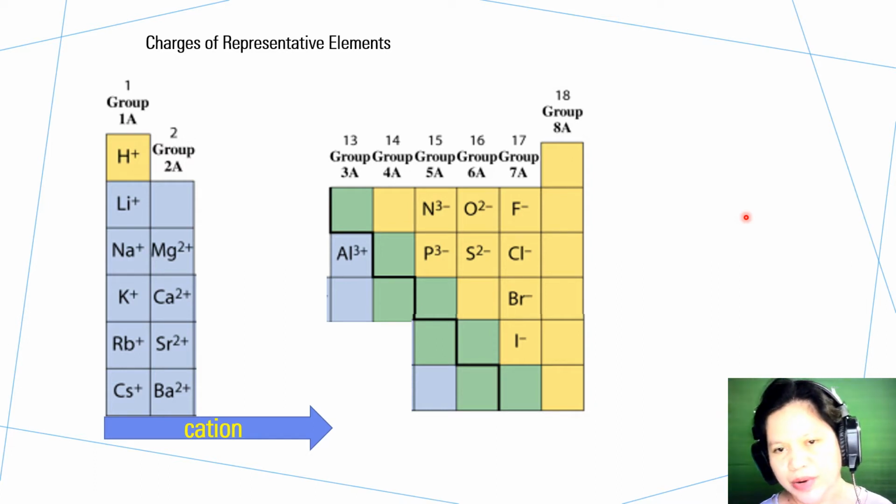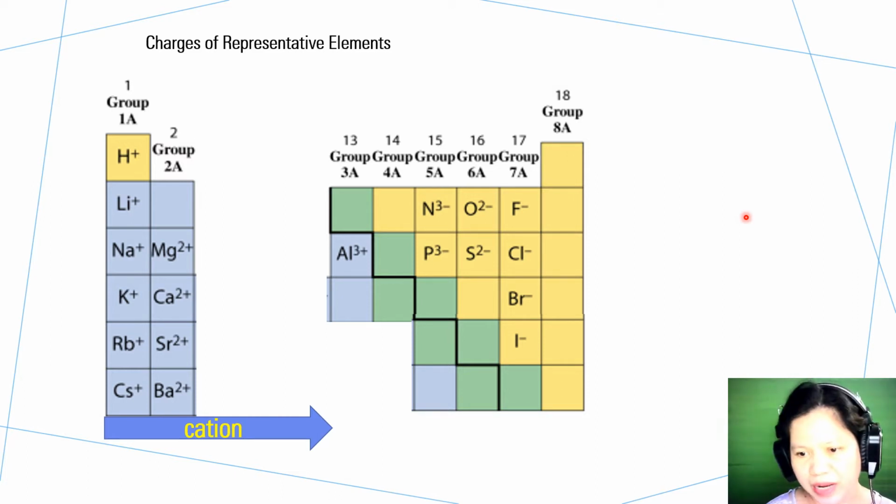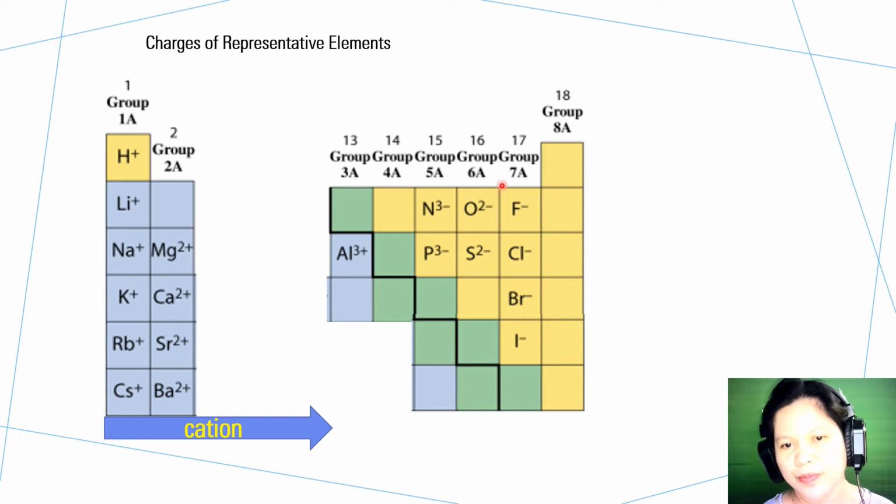Since they are very far from the noble gas, they are more likely to share their electrons rather than receiving. So look at group 5, group 6, and group 7. Group 5 has a negative charge of 3. Group 6 has a -2 charge, while group 7 has a -1 charge.